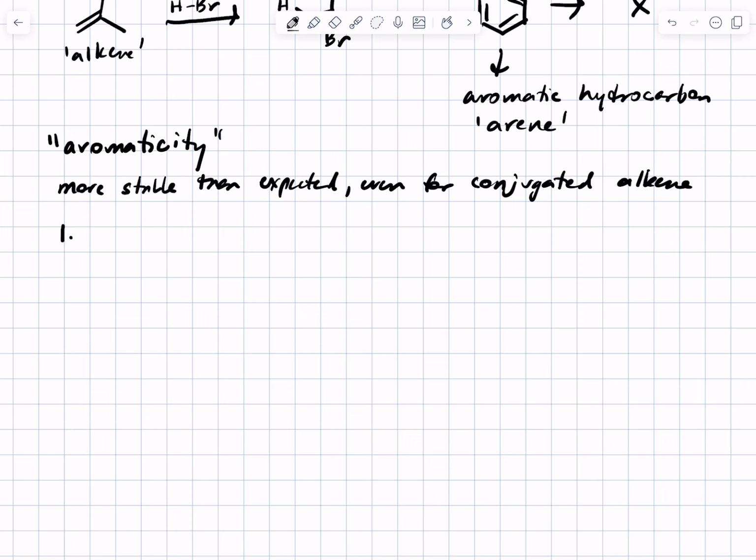And there are three key determining features. First, they have to be cyclic. Second, they have to be fully conjugated. And there's a couple of things that go into being fully conjugated. What do we mean by fully conjugated?